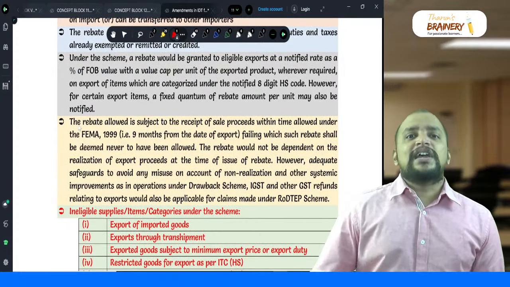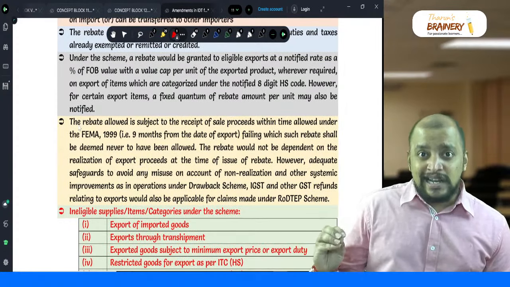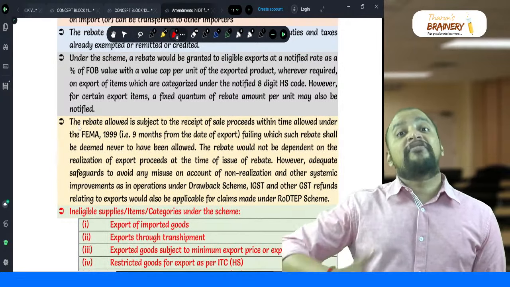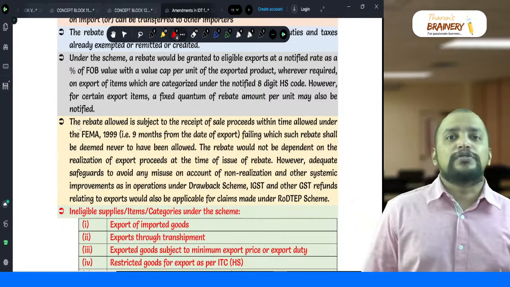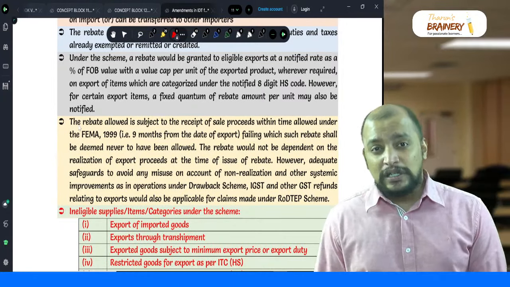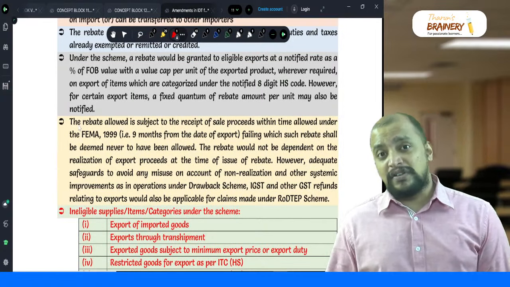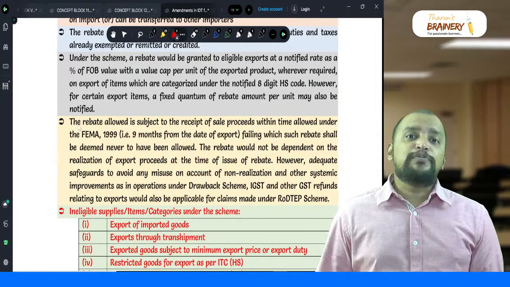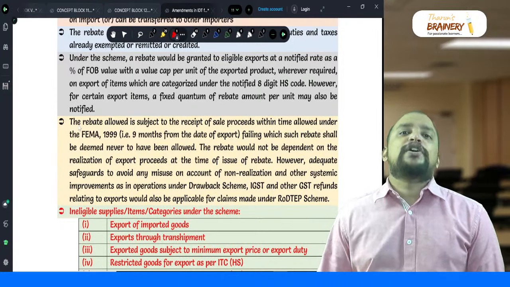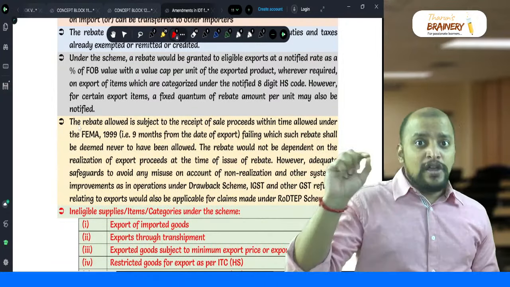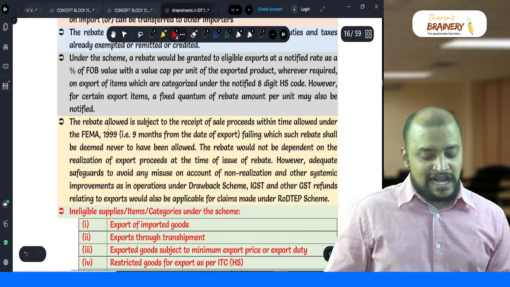Okay. How will that remission be given? Just like MEIS, a percentage notified on the FOB value of exports or 1.5 times the value of such goods locally sold, whichever is lower, will be taken. So we will take the FOB value of export or 1.5 times of such goods sold in the domestic market, whichever is lower, and on that a percentage will be given as incentive.